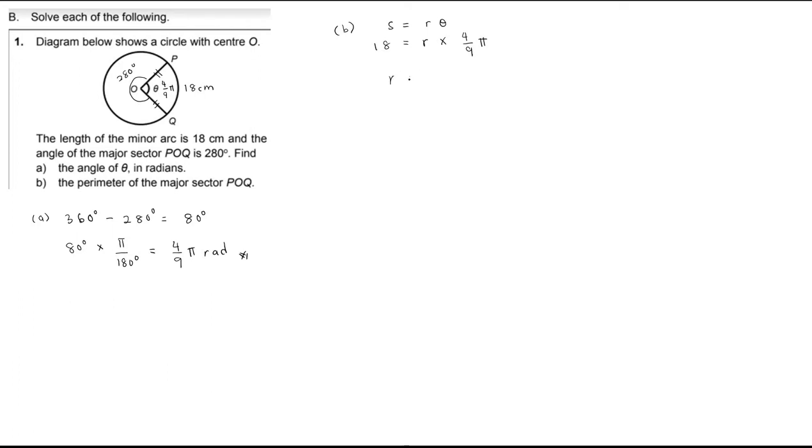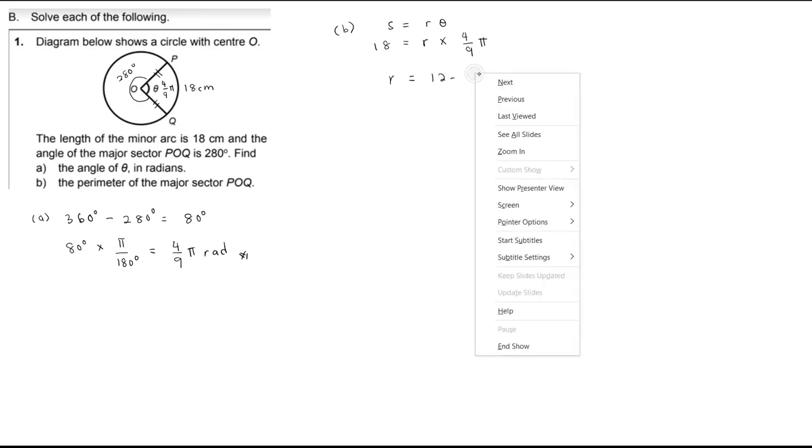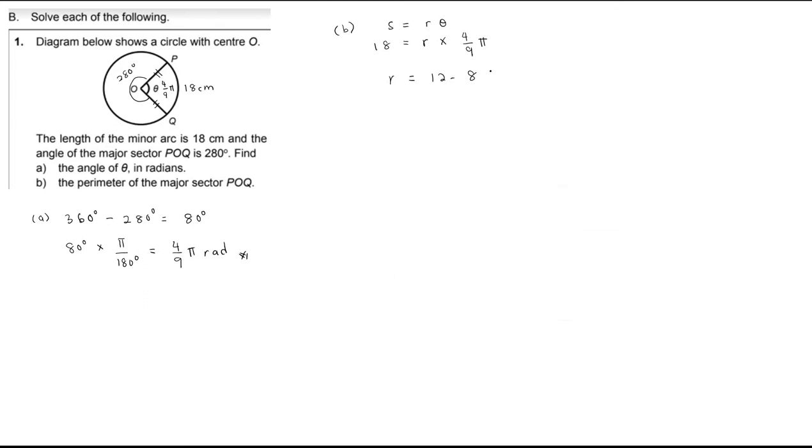If you calculate correctly, you should get radius equal 12.8916. I just took 4 decimal places. The radius is the length of PO and also QO. Next, we want to find the arc length of PQ, the arc length of the major sector.